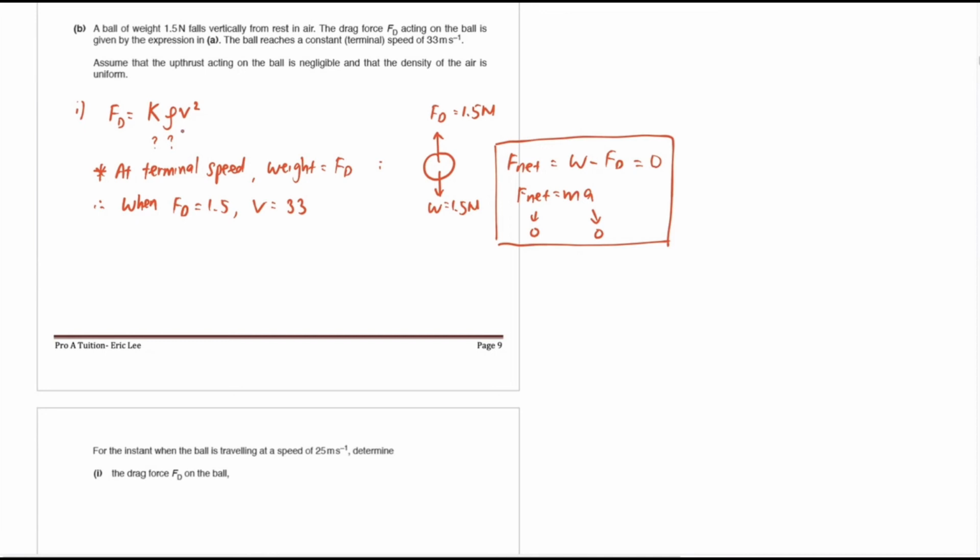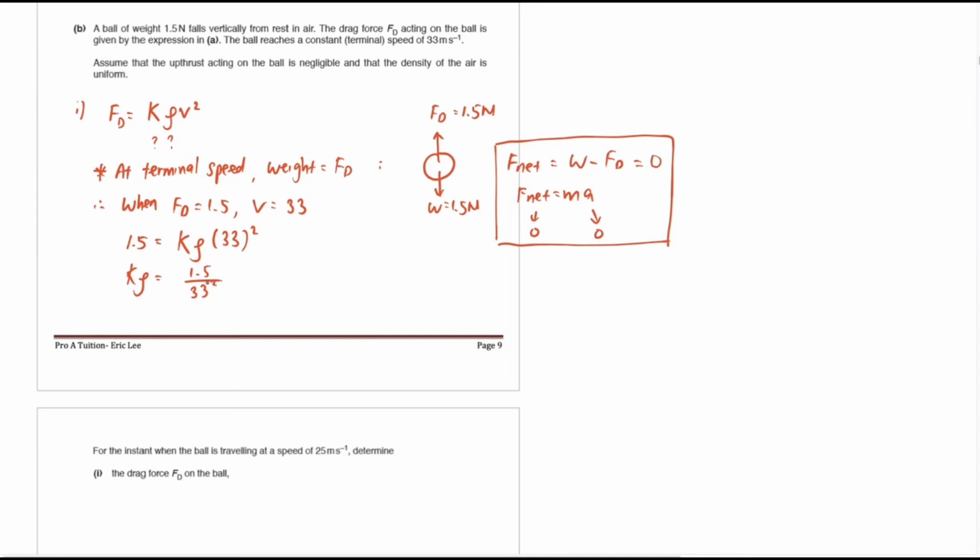Then we can substitute into the formula to find K rho. 1.5 equals K rho times 33 square. We cannot find K and rho individually, but at least we find the product K rho. So K rho is 1.5 over 33 square.